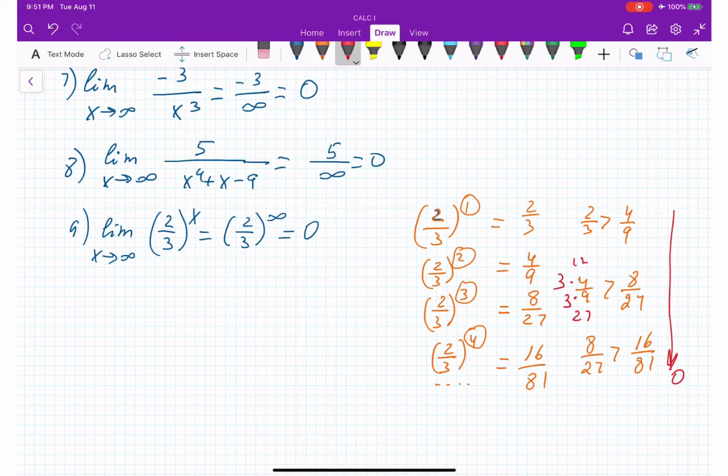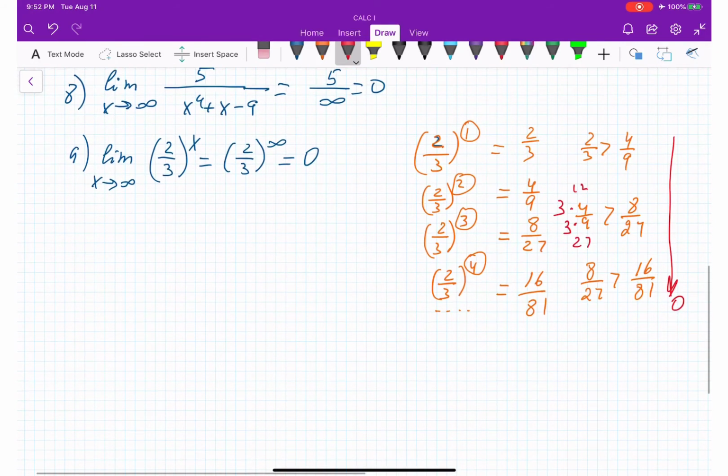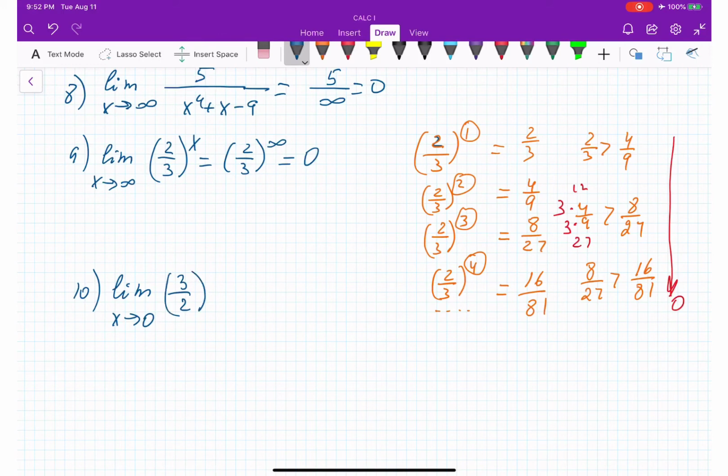Now it's going to be a completely opposite case if I flip it. Instead of 2 over 3, I write down 3 over 2, which means we are getting an improper fraction, right? 3 over 2 is 1 and 1/2. 3 over 2 to power, again running to infinity, otherwise it wouldn't be interesting.